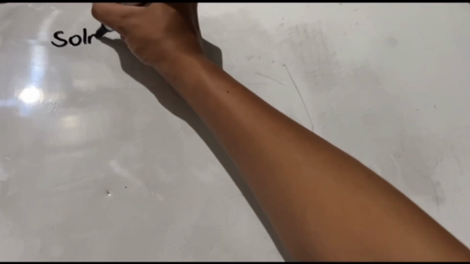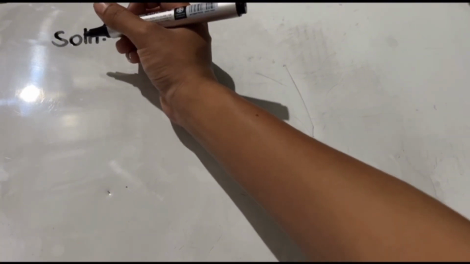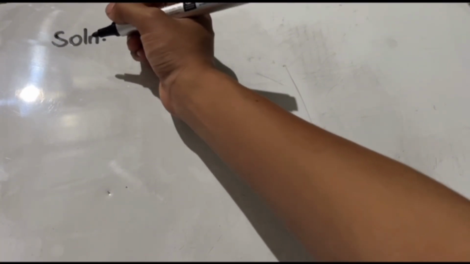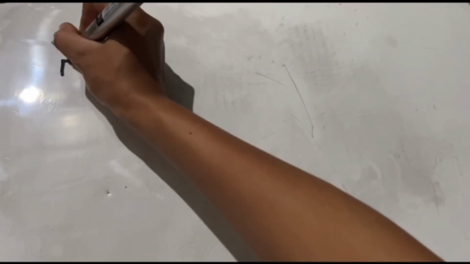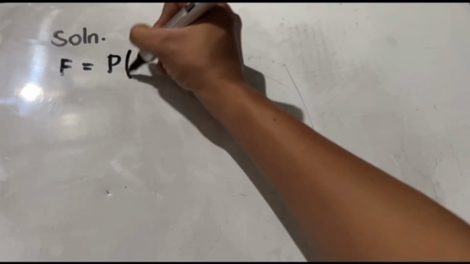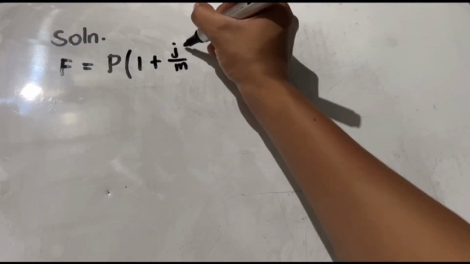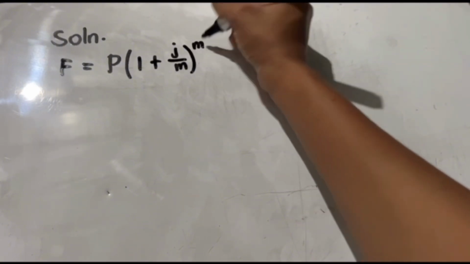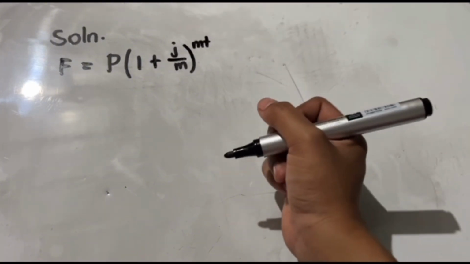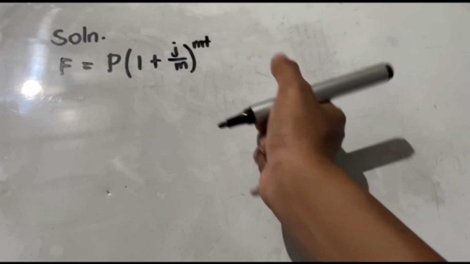For our solution, we will use the compound interest formula. Our compound interest formula is F for future value equals P for principal times (1 plus J divided by M) to the power of MT. And now let us substitute these values into our formula.